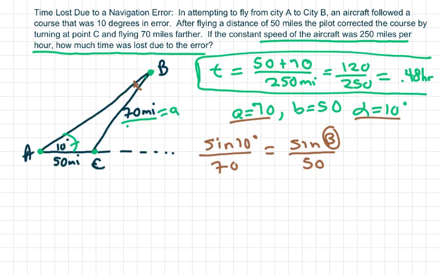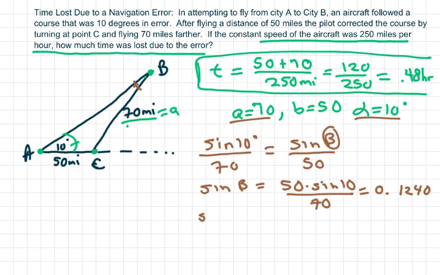We're trying to find our angle here. So what we get is sine of beta equals 50 times sine of 10 over 70, which equals approximately 0.1240. Inverse sine of 0.1240 equals your beta.